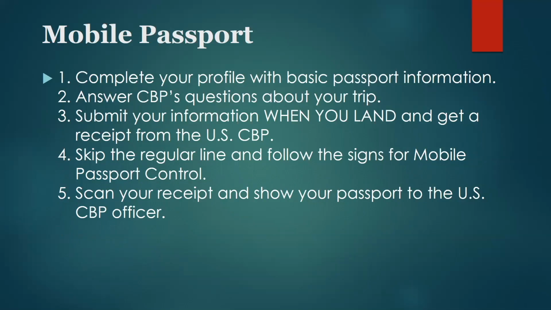So you land, and you get a receipt, which shows up on your phone, because it'll ask you to submit it from your phone. You just press submit, and it'll come back with a confirmation, and that's what you use to show the CBP officer when you arrive at his station.